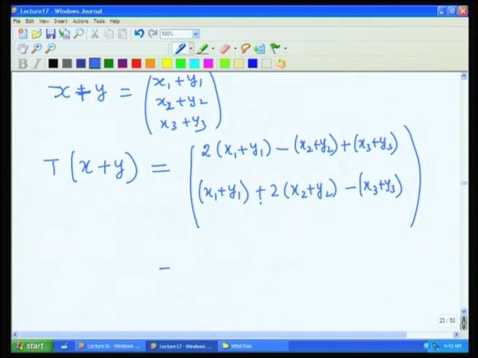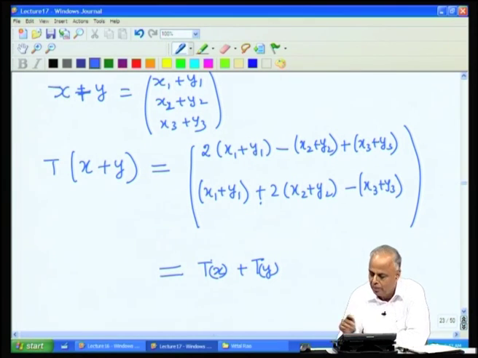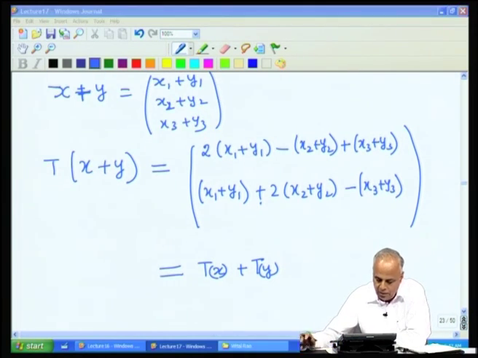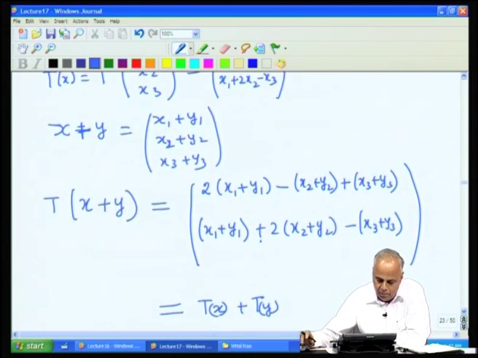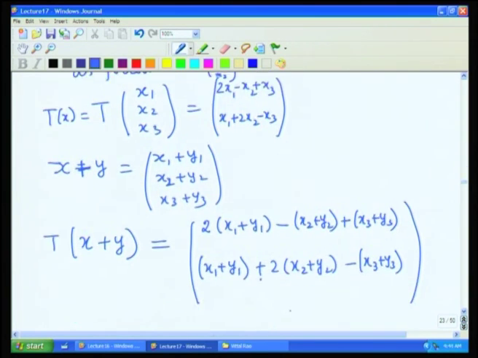Now it is a simple simplification to see that this is the same as Tx plus Ty. We know what Tx should be, obtained from here, and Ty will be obtained from here, replacing the x's by the y's. If we add the 2, we get precisely this.